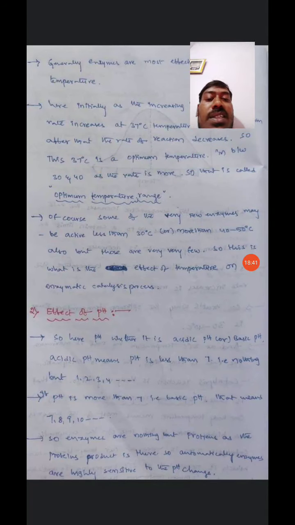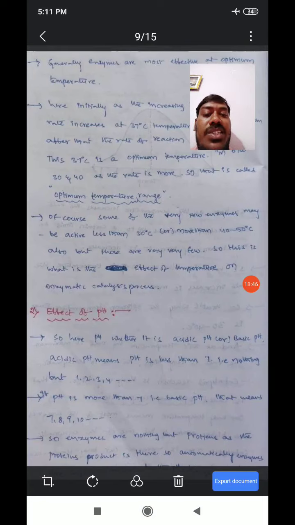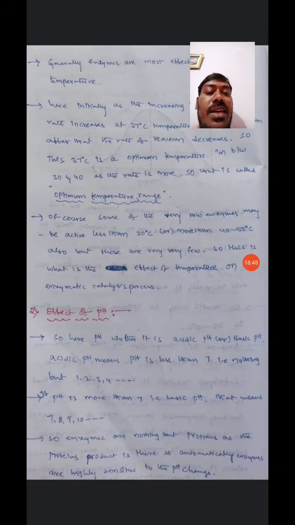So 37 degrees is the optimum temperature, in between 30 and 40 where the rate is more. That is called the optimum temperature range.